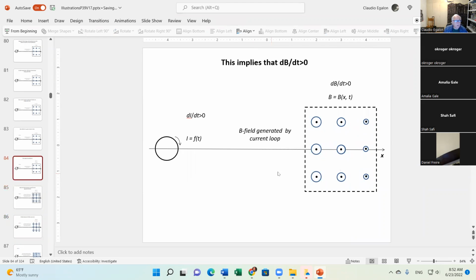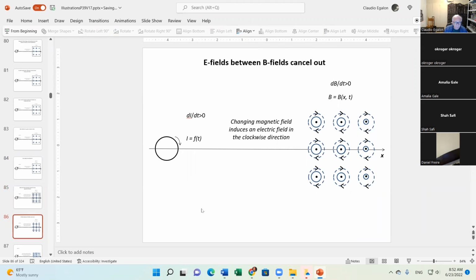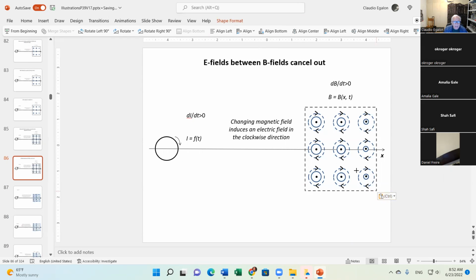I'm going to use another box like that to emphasize the fact that this field here cancels out, this electric field cancels out.